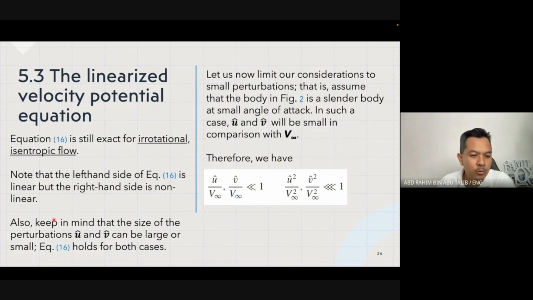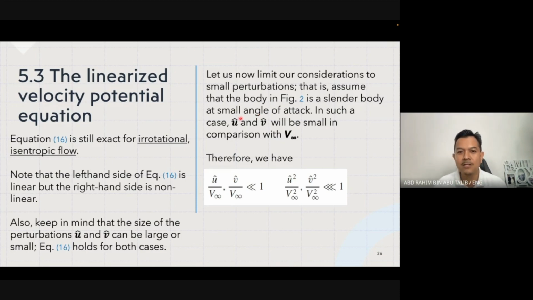Also, we have to keep in mind that the size of the perturbations for u and v can be large or small. Equation 16 holds for both cases. Let us now limit our considerations to small perturbations. So we assume only small perturbations, and that is assuming that the body in figure 2 is a slender body at a small angle of attack.